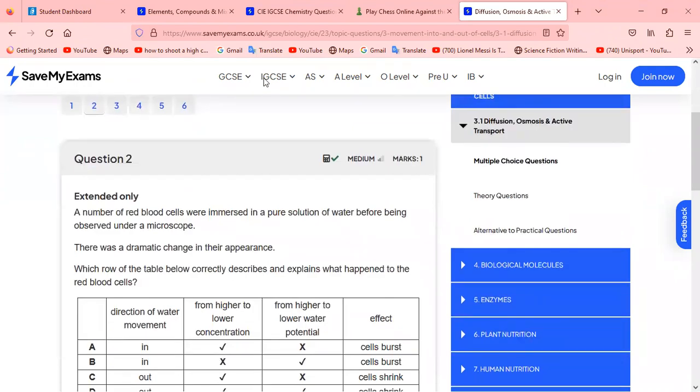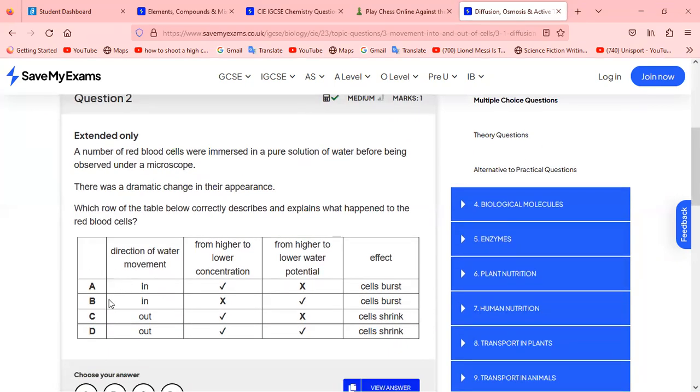A number of red blood cells were immersed in a pure solution of water before being observed under a microscope. There was a dramatic change in their appearance. Which row of the table below correctly describes and explains what happened to the red blood cells? Water moved in, from dilute to concentrated, not from higher to lower concentration.